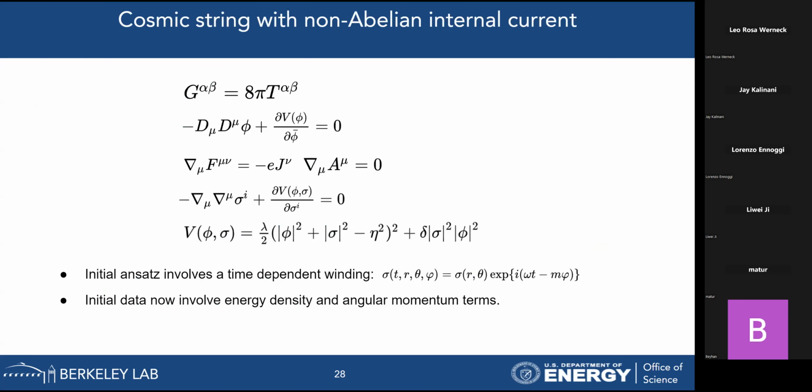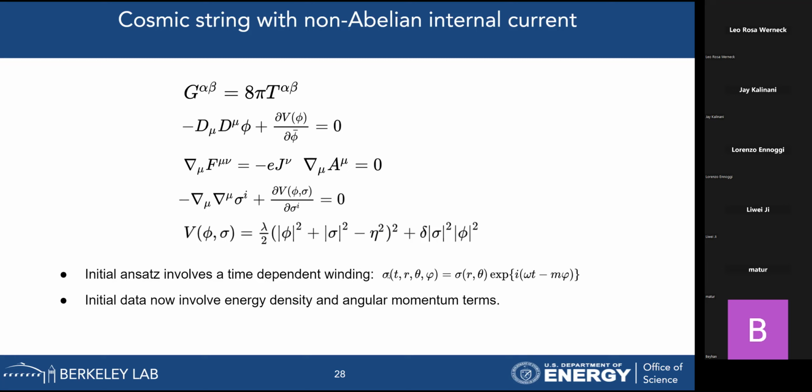So just to be a little bit more quantitative here, the system we're solving is, of course, Einstein's equations. We have a Higgs field that couples to the electromagnetic field. And then we have an additional field, sigma, that carries the current inside of our cosmic string.